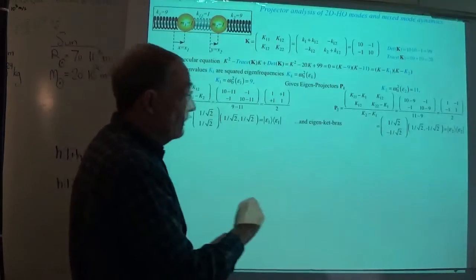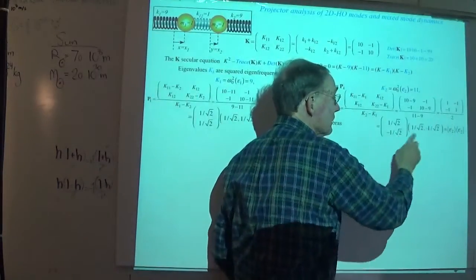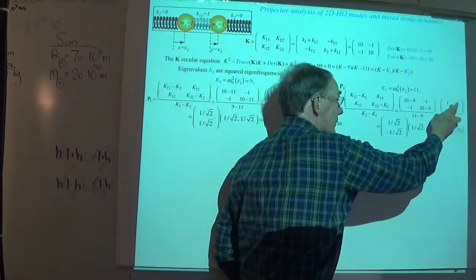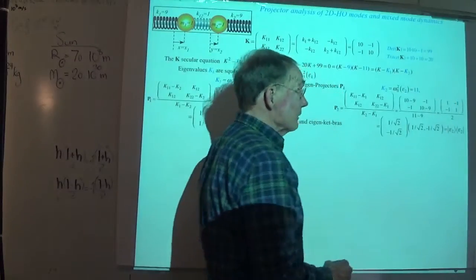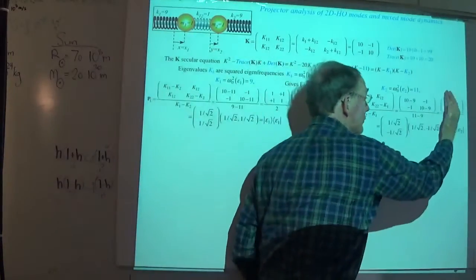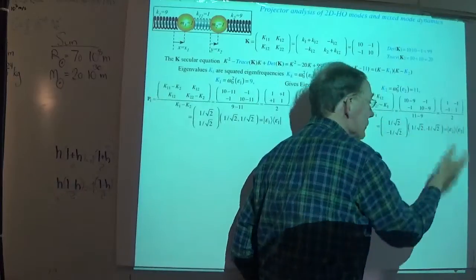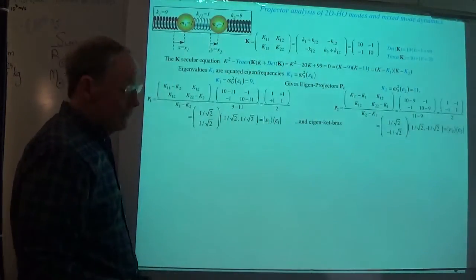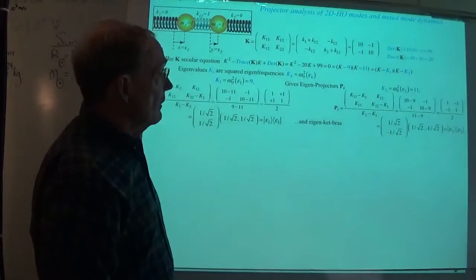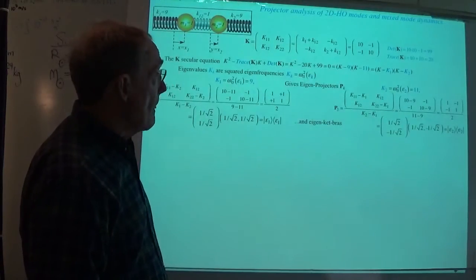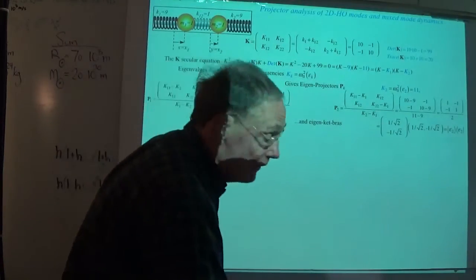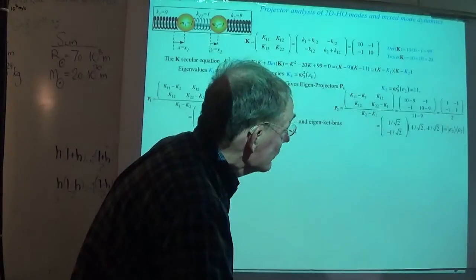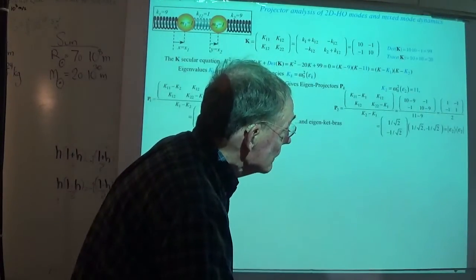Same thing with that one, except you have a minus sign here. And the number that sits on the diagonal will work for either this column or that one. You use either one, because these things will still work if you multiply by an extra phase, like a minus 1. So that is the set of projectors that will take care of this.